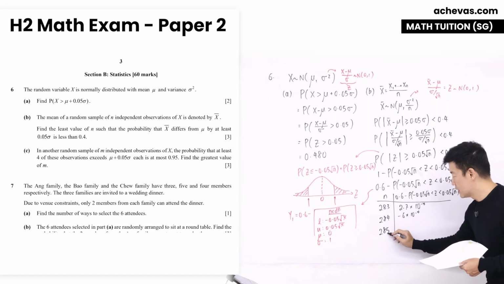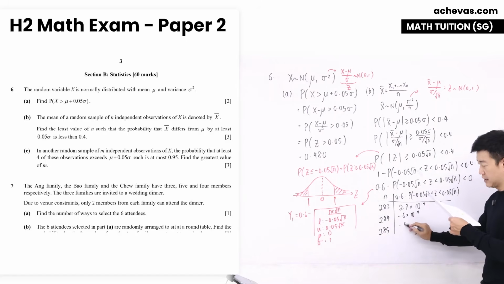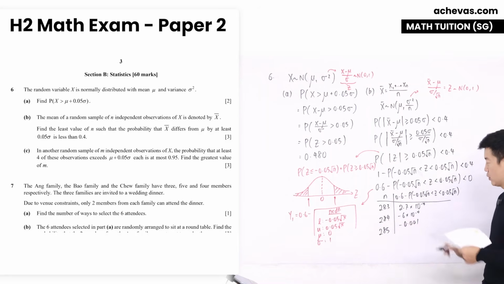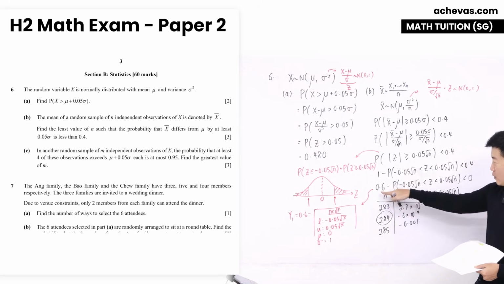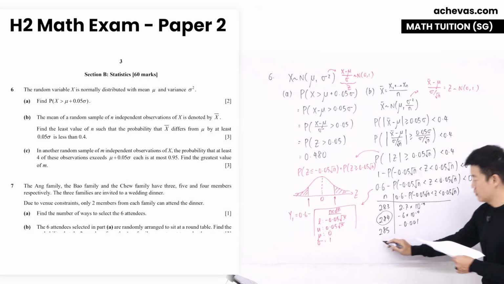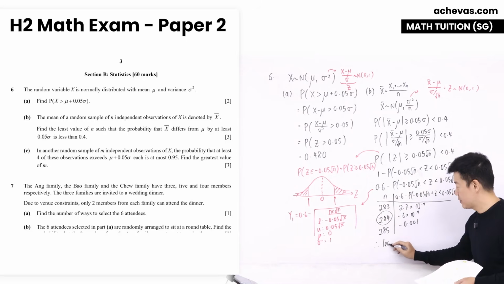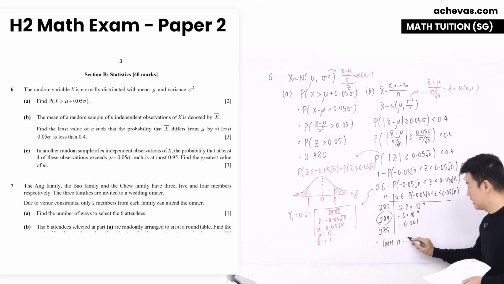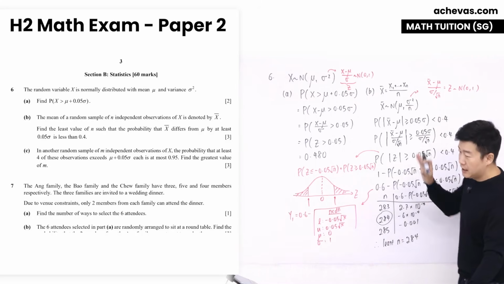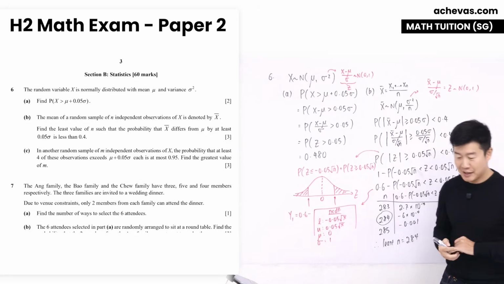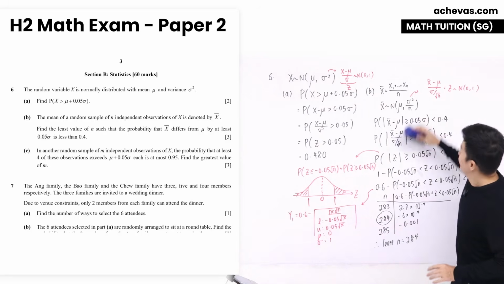And when it is 285, this is negative 0.001. So this is going to be the least possible n when this is going to be less than 0. That is why for this part of the question, the least n is 284. Let's take a look at C, but let me erase the board first.